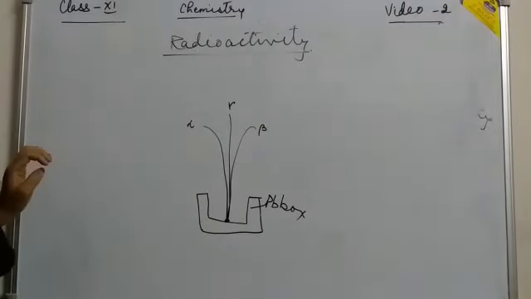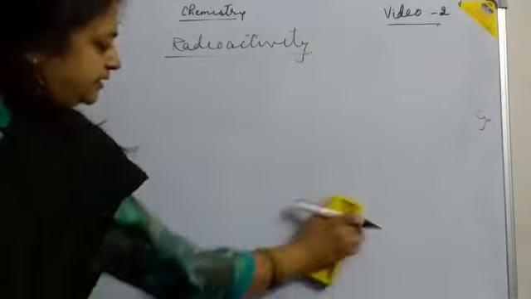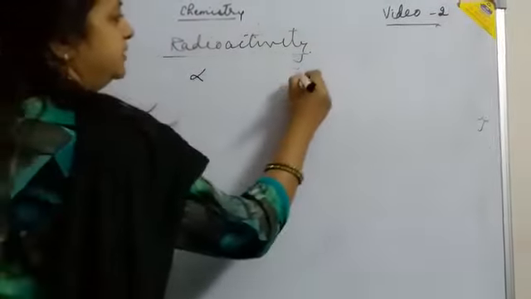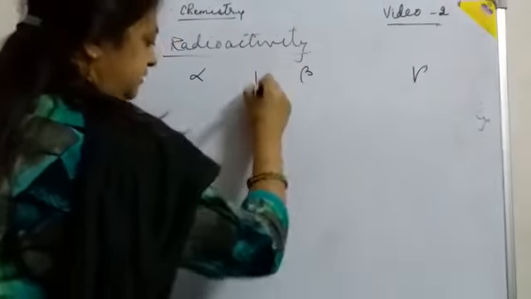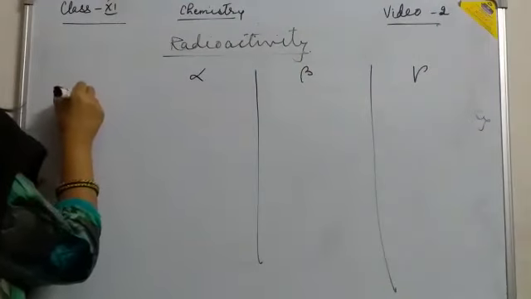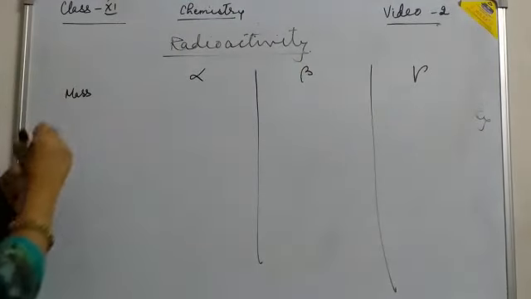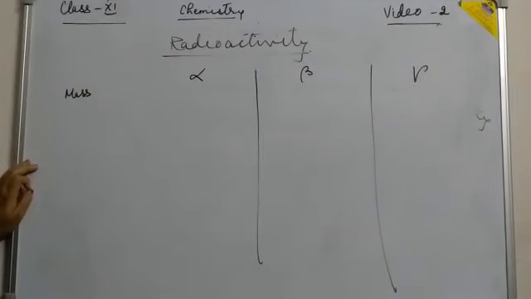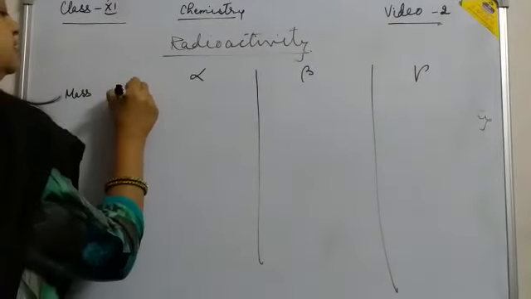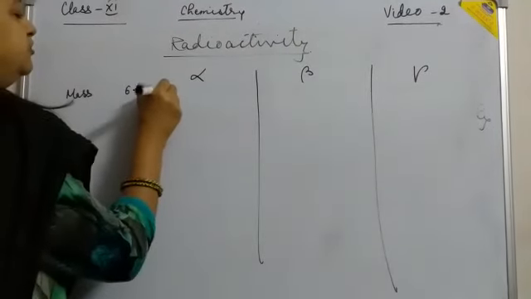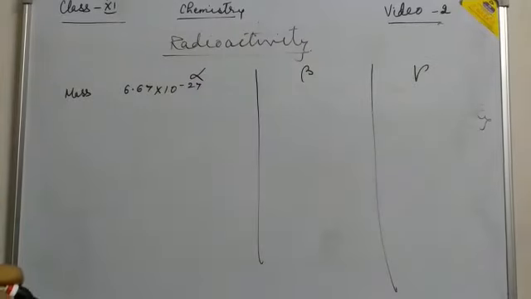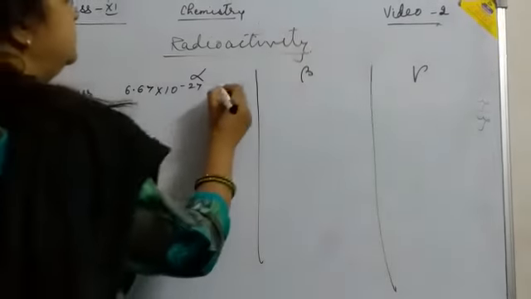What are the properties of these alpha, beta and gamma rays? So let's summarize the properties of alpha, beta and gamma rays. The mass of the alpha is 6.67 into 10 to the power of minus 27 kilogram.